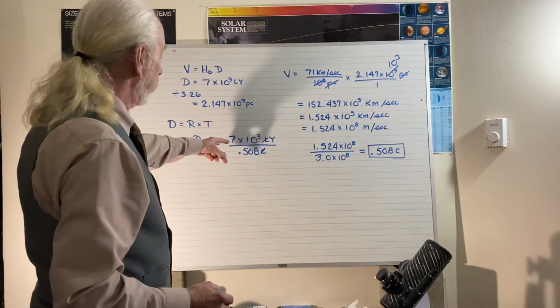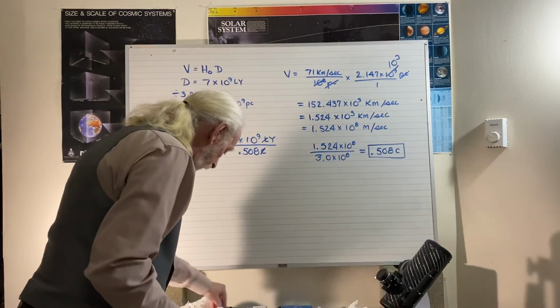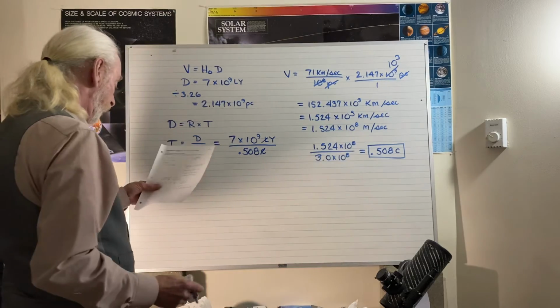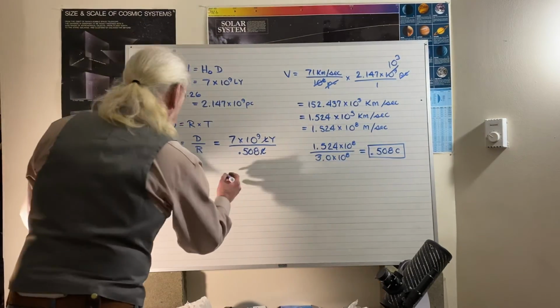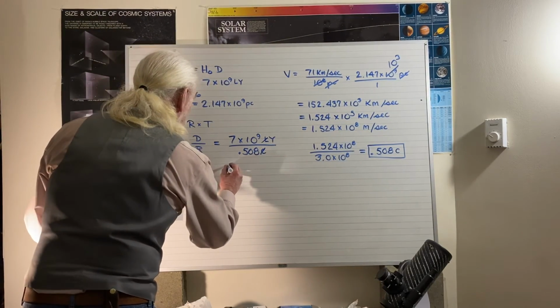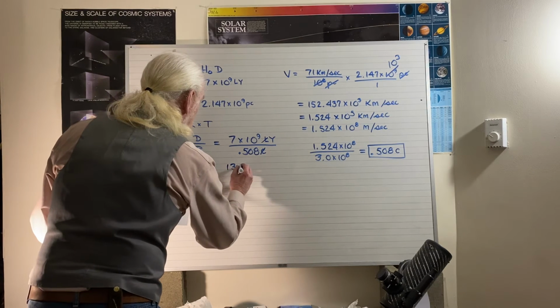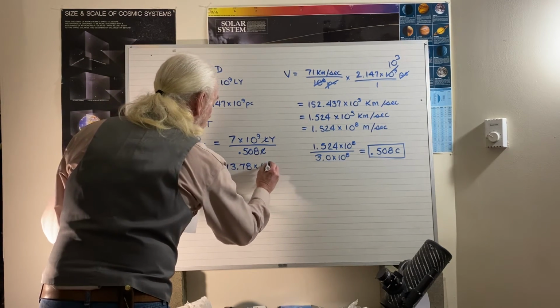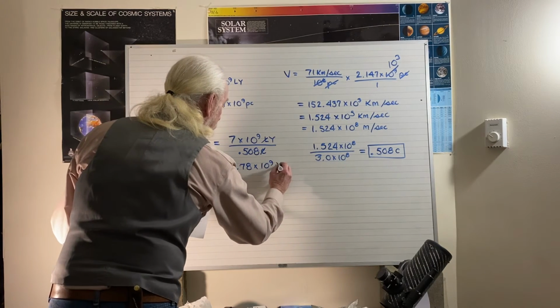And so now we divide 7 by 0.508, and we get 13.78 times 10 to the 9th years.